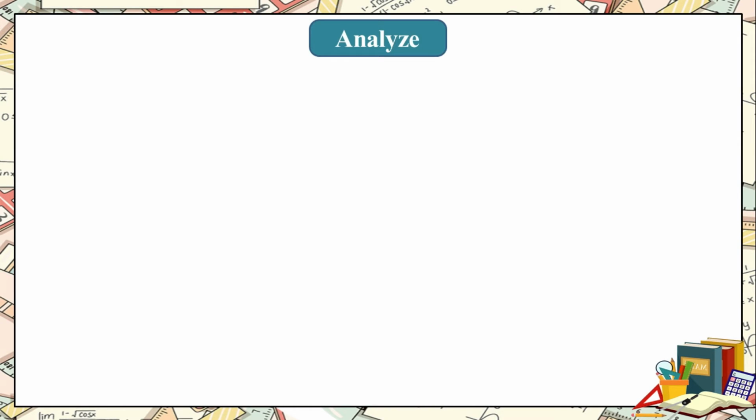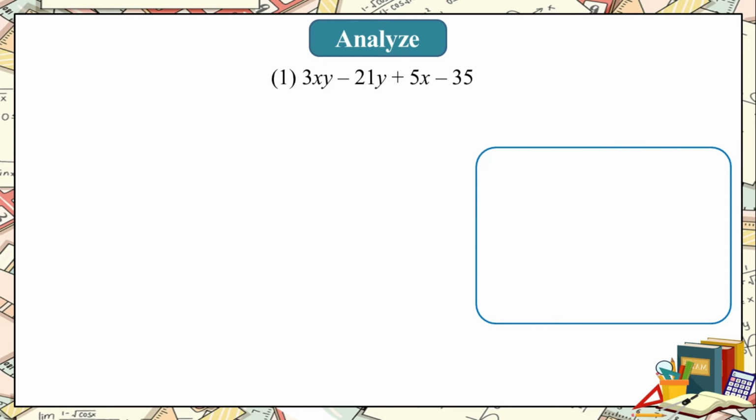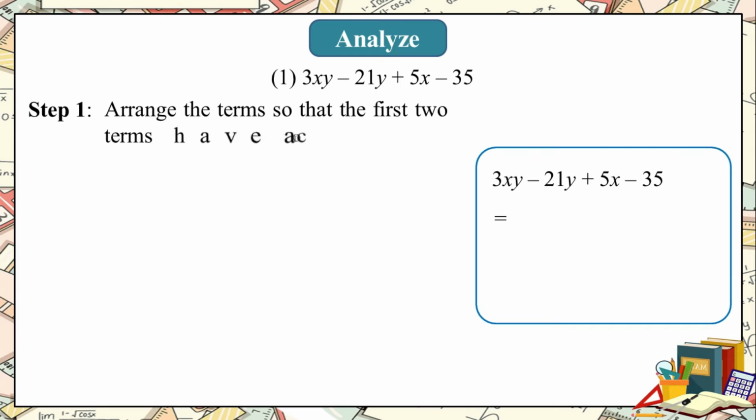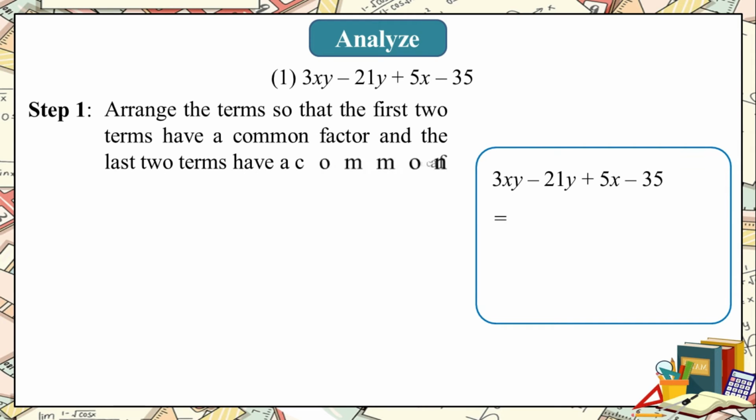For number 1, the first step is to arrange the terms so that the first two terms have a common factor and the last two terms have a common factor.